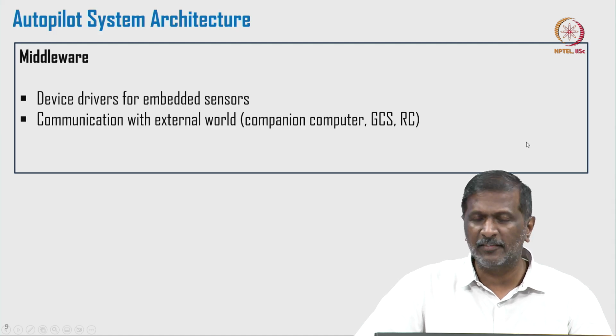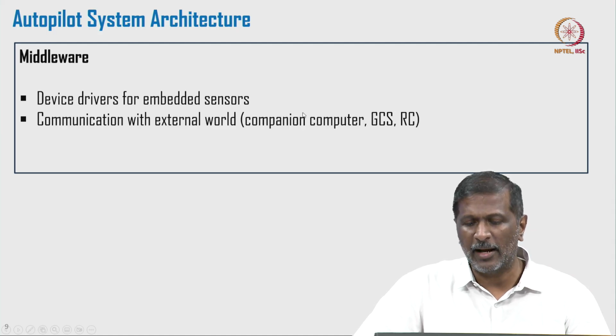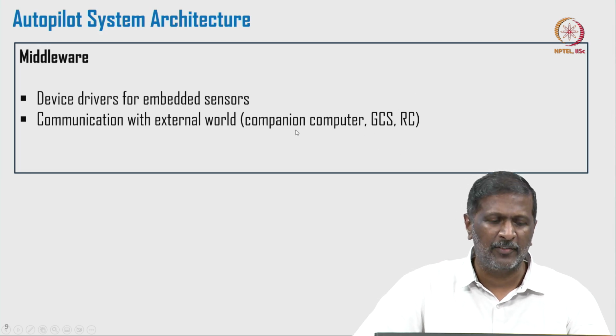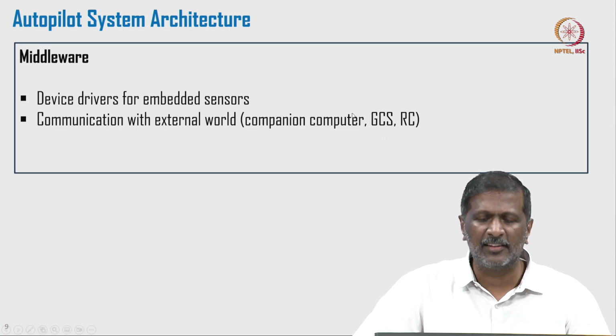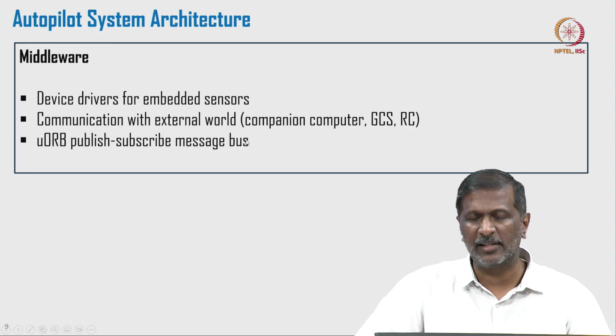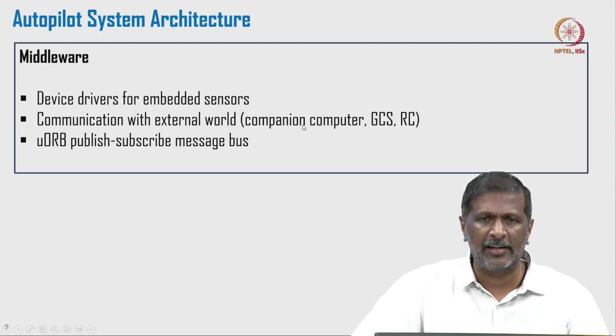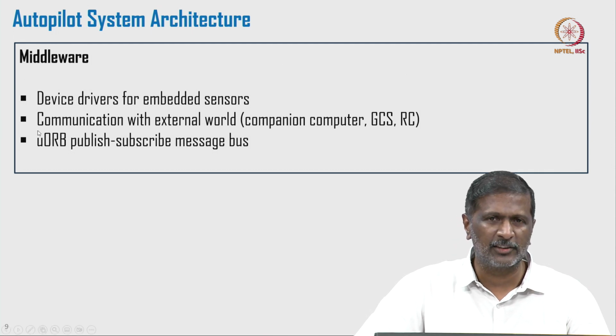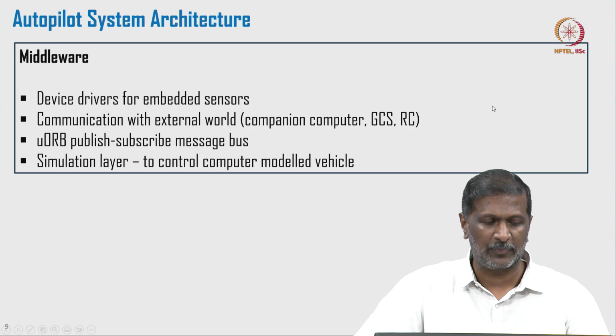Or communication with the external world, a companion computer or GCS, RC, all of these require some kind of interfaces which can communicate with the external system, right? Or your publish-subscribe message bus, where I can publish my data or subscribe to a specific data bus and read data from there. All that is going to run in your middleware, right?